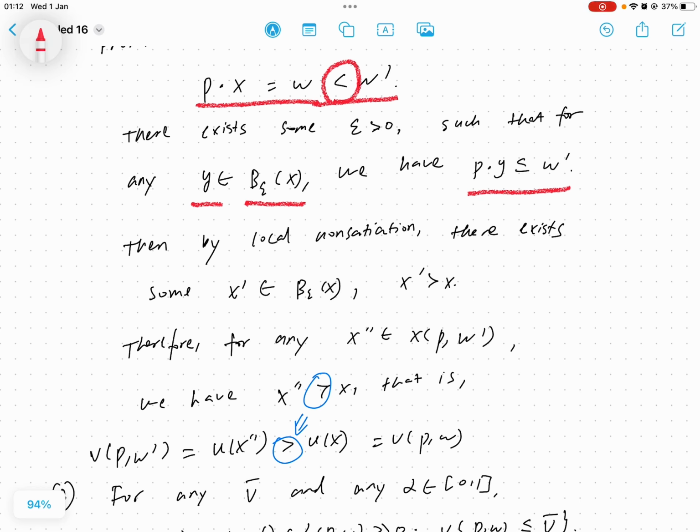And then we're going to use the local non-satiation. Then there must exist some X prime in this epsilon ball of X, some other solution that is strictly preferred to X itself.